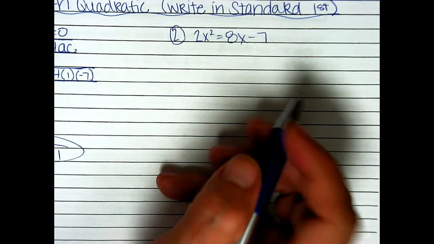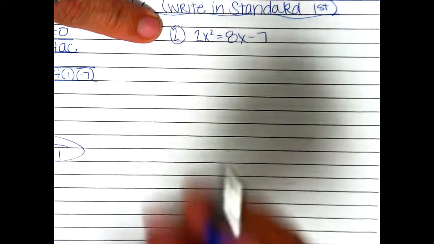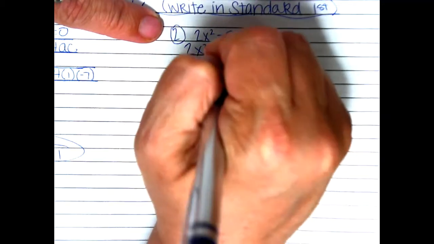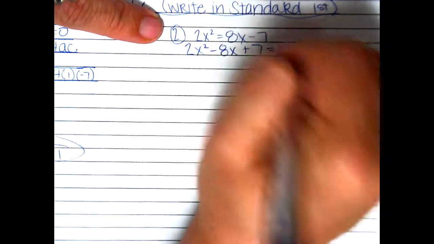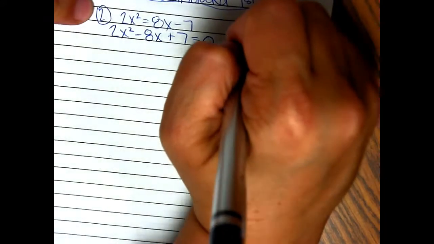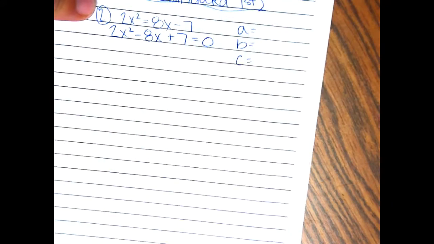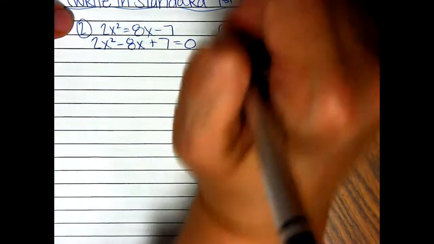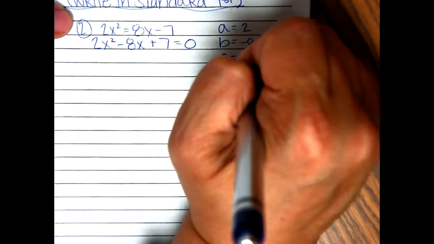For number 2. This one is not written in standard form, so I'm going to rewrite it. So I have 2x squared minus 8x plus 7 equals 0. Okay, now it's in standard form. So I'm going to list my a, b, and c terms. So a is 2, b is negative 8, and c is 7.